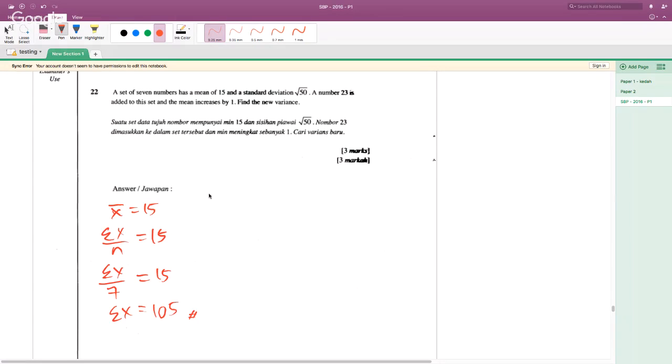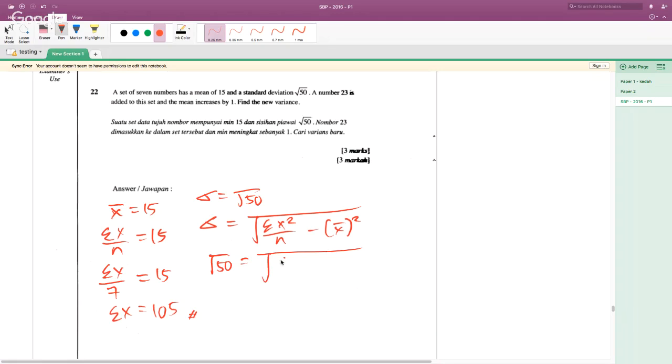And the standard deviation equals square root 50. The standard deviation formula is actually the square root of sum of x squared over n minus mean squared. So square root 50 equals square root of sum of x squared, which I do not know, over n, which is 7, minus mean 15 squared. I will solve this equation first. Square root and square root I simplify.